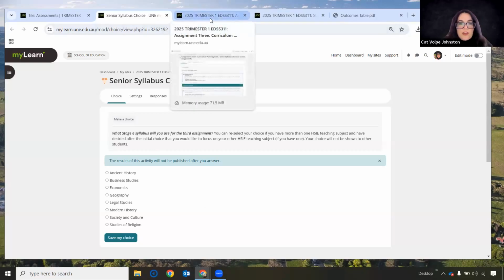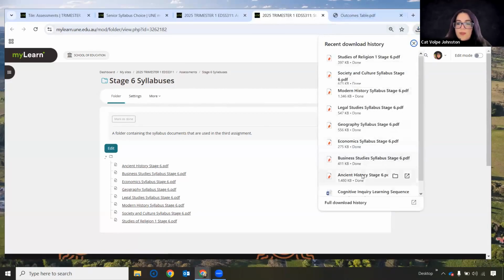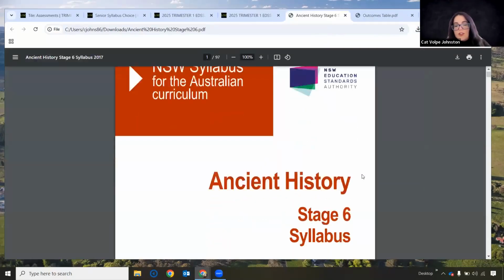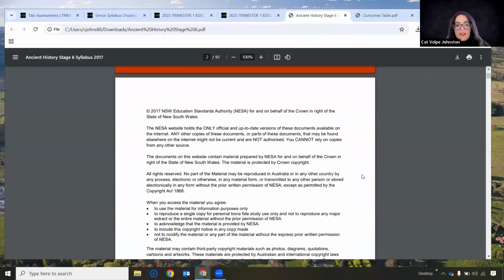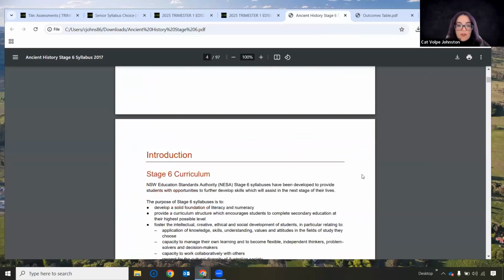Okay, so ancient history. Let's download that. All right, so the ancient history syllabus sort of looks like the syllabus that we had just been using for the year 7 to 10.